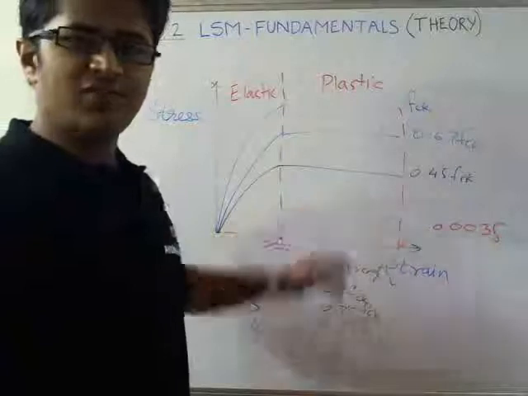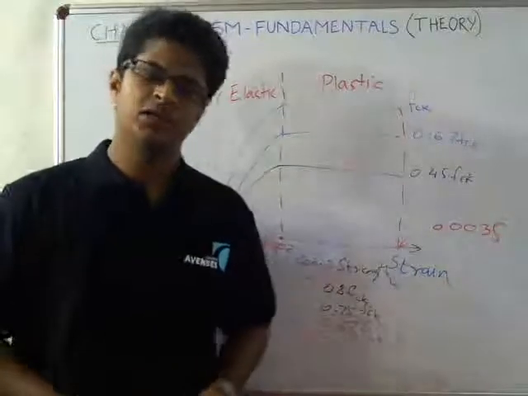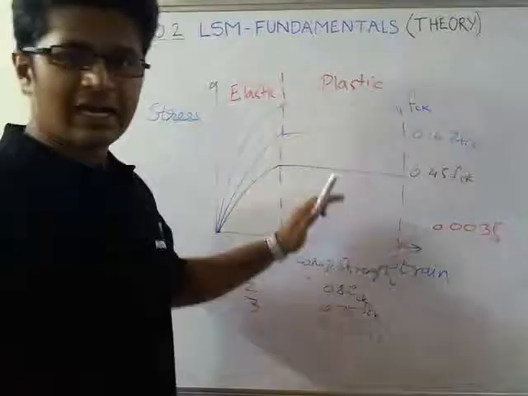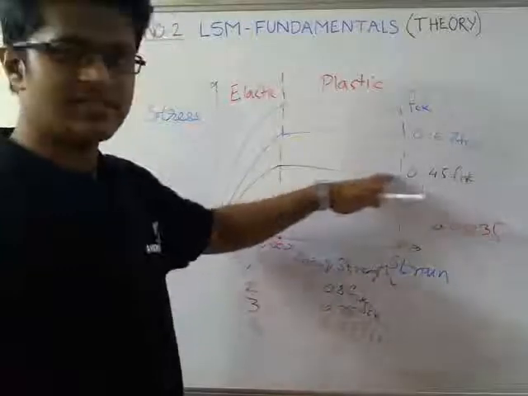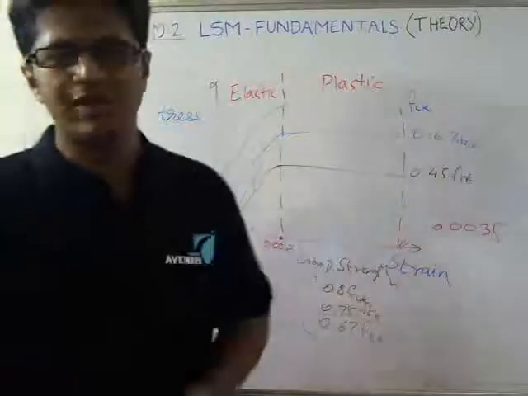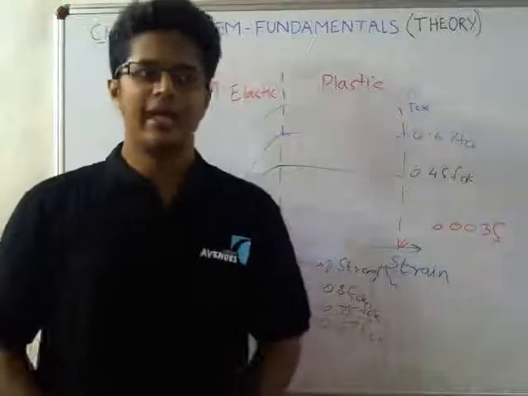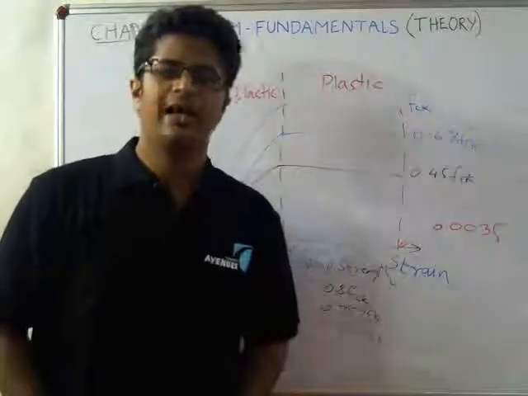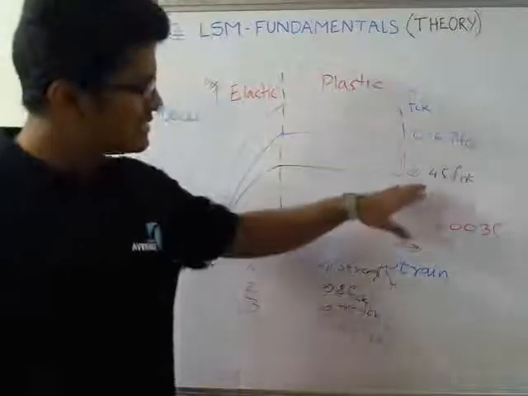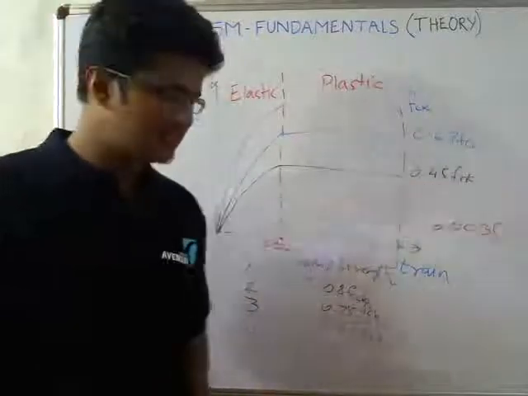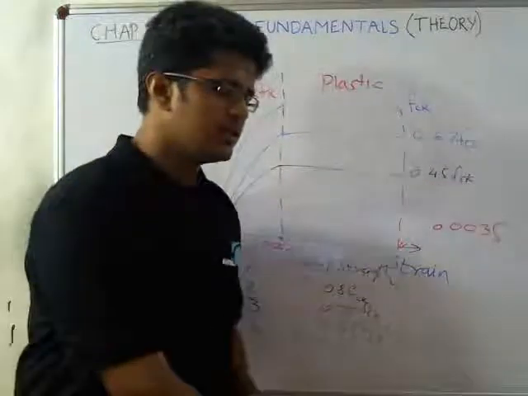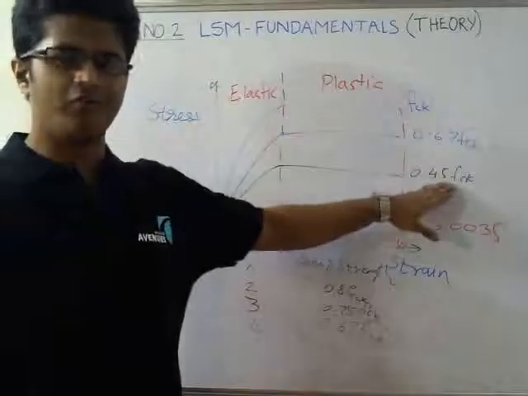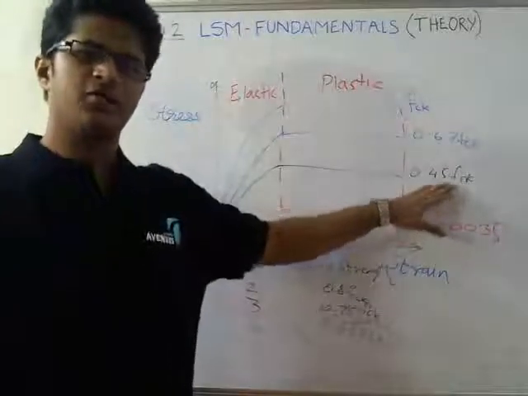So this is the graph which we get, the final black graph, the lower one. This graph is the one which we actually use in our design calculations in LSM in general, and that is the reason why 0.45 FCK is used. The importance of this 0.45 FCK, you will realize in the later parts of the subject.